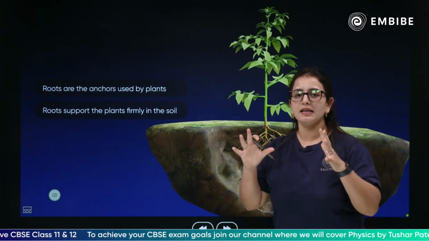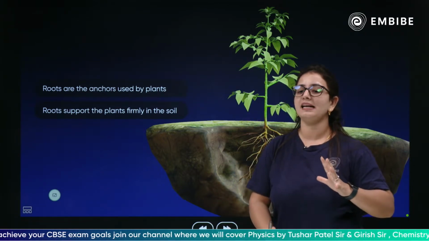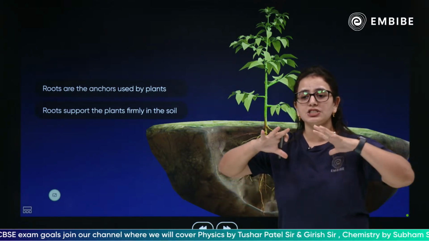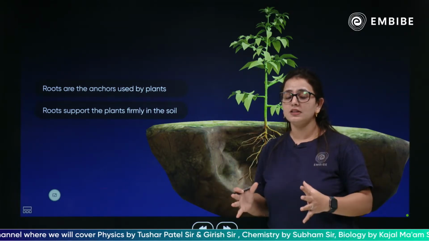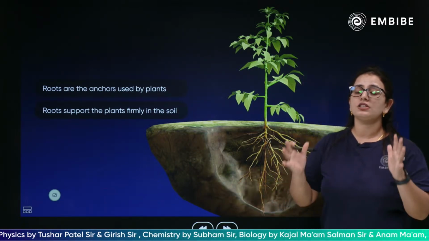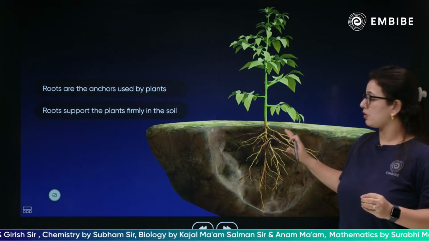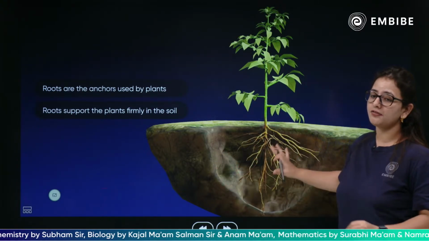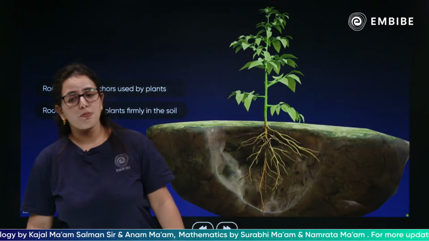All the roots get stuck to the soil and embedded inside it. They create such a network which gives them very firm strength, so that they can attach the whole plant to the soil. So it's not easy for us to remove the plant from the soil because it is attached very firmly.